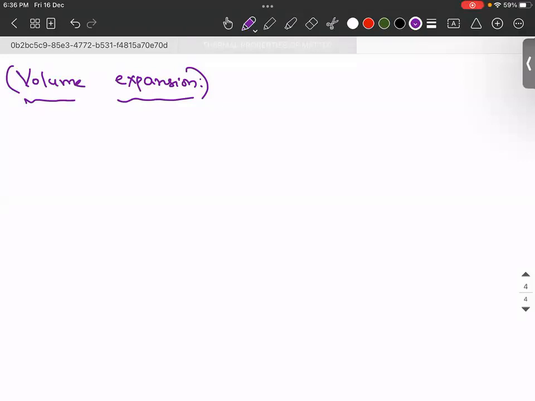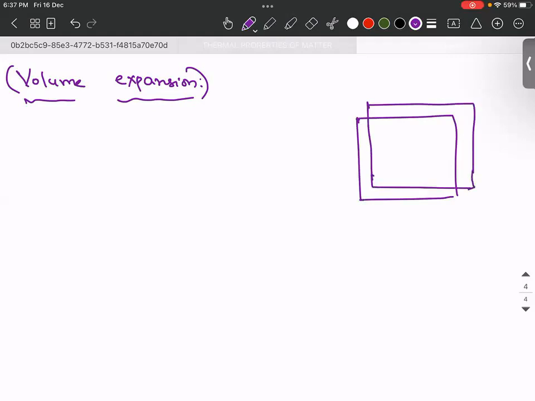So volume expansion is again when you have an object which has a volume associated with it. So let's say the initial volume is V naught, and when temperature is supplied, its volume becomes V naught plus delta V, where V naught plus delta V is going to be V final.